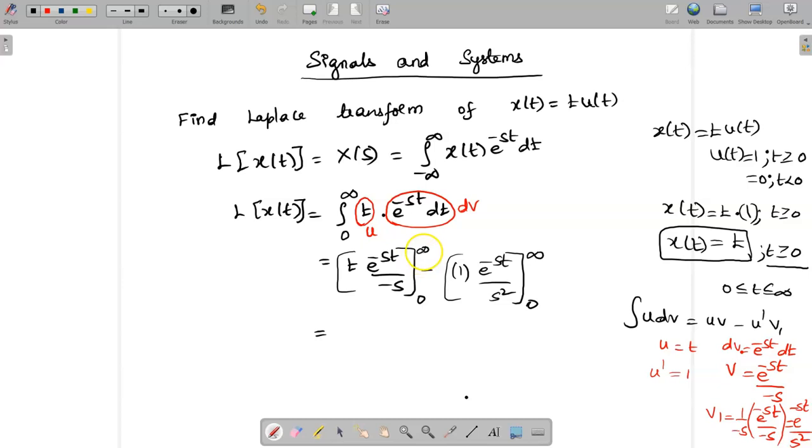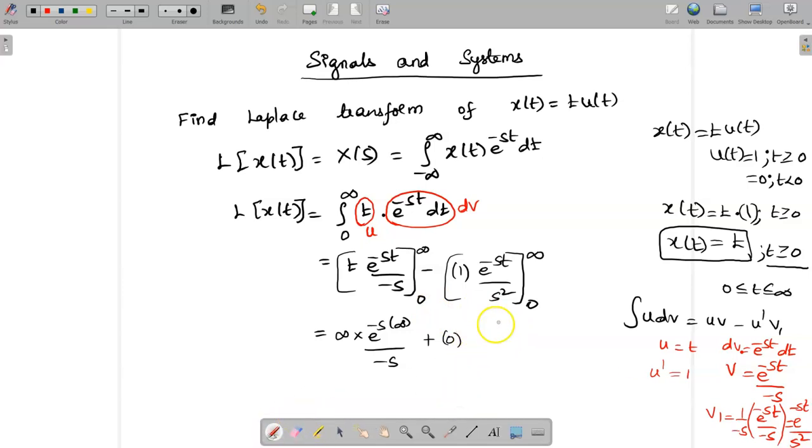Let us apply the upper limit. Wherever I have t, I replace it by the upper limit infinity. So infinity into e power minus s into infinity divided by minus s. Apply the lower limit: minus into minus will become plus, t value is 0, and 0 into any value is definitely 0. So leave that.